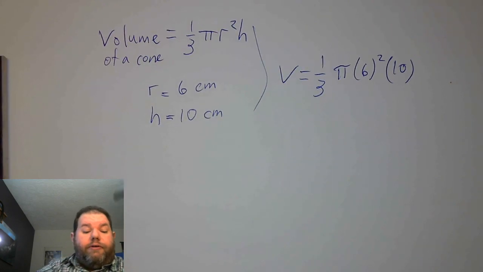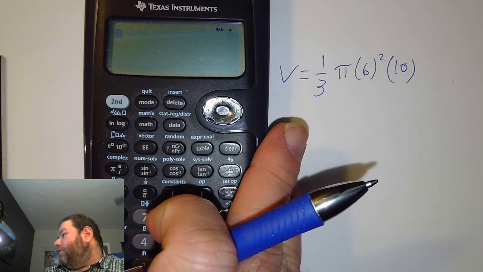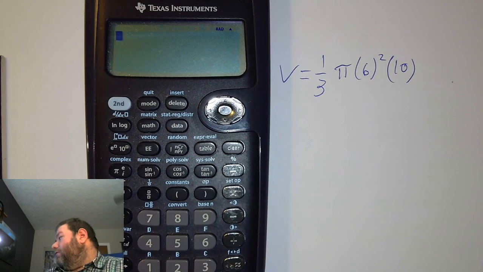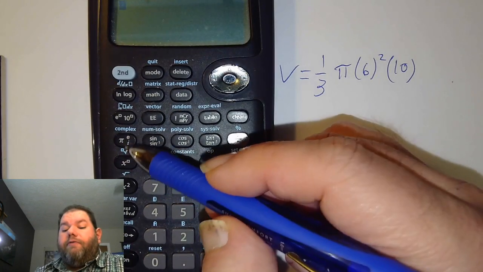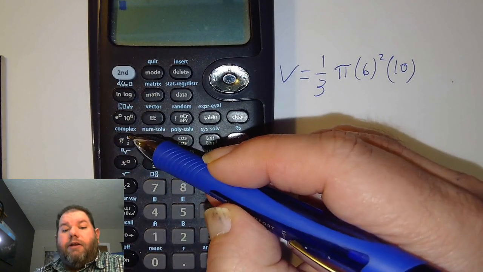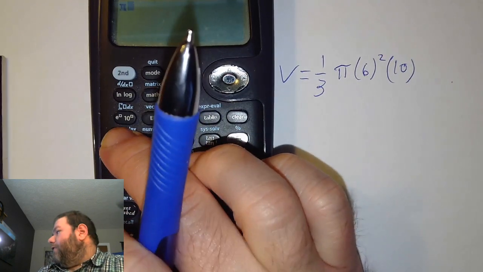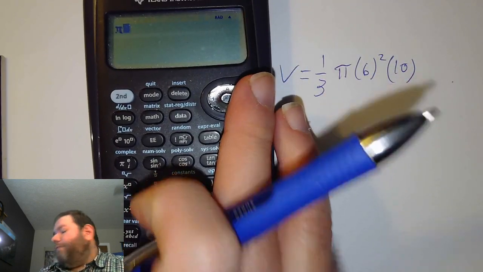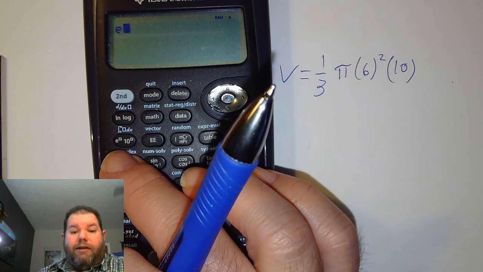Other calculators have it a little bit more hidden, such as this one. We don't strictly have a pi button here, but notice over here it says pi, e, and i. So if I press that, it gives us pi. If I press that button again, it gives us e.